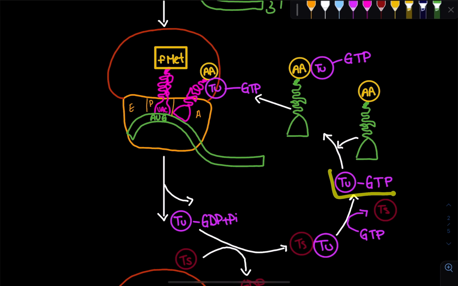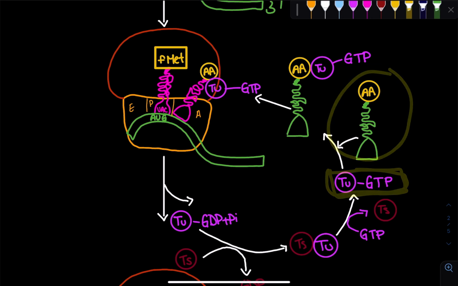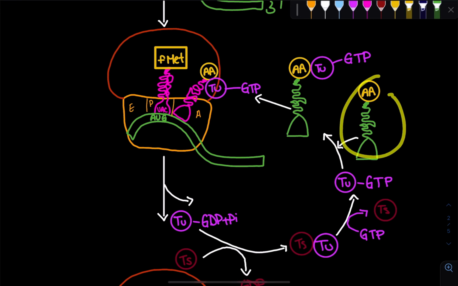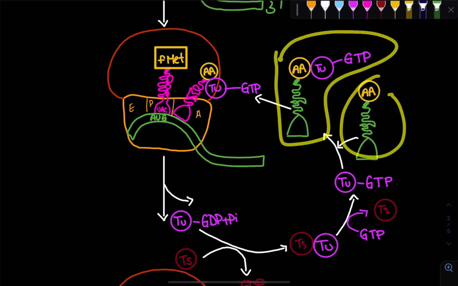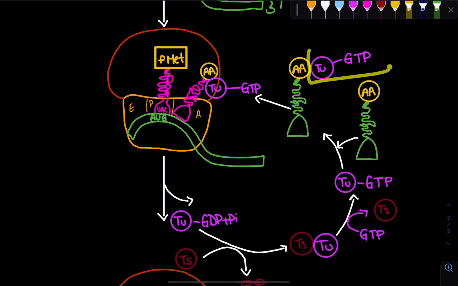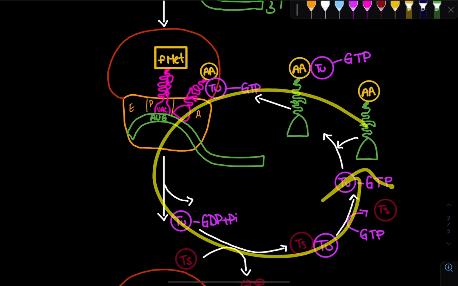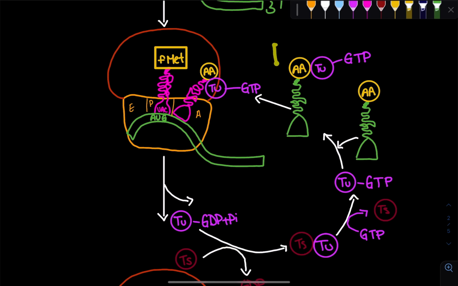Now that we have the elongation factor thermounstable bound to GTP, it can now bind to a tRNA. When it binds to a tRNA, we regenerate this structure over here where we have tRNA bound to an elongation factor TU-GTP, and then once again we can bring it into the A site. So this is essentially a cycle where this is our end goal.